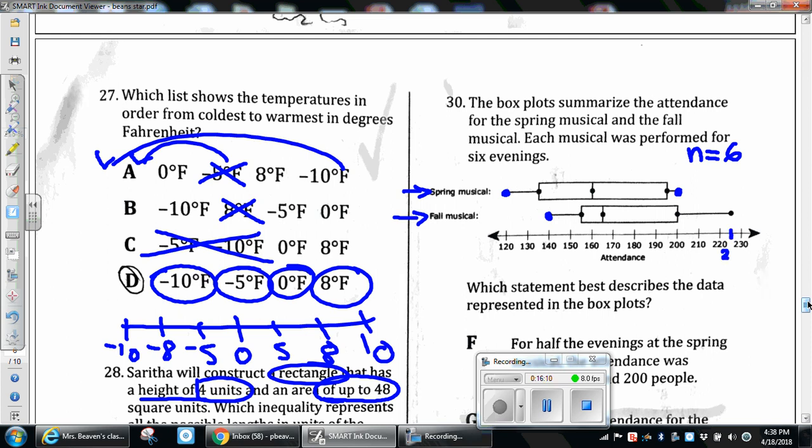I'm going to assume it's at 225, so it will be 225 minus 140. I can also tell that the median of each will be where this line is, right here. That's very useful to know, because for spring, the median is 160, and the median for the fall perhaps is 165.